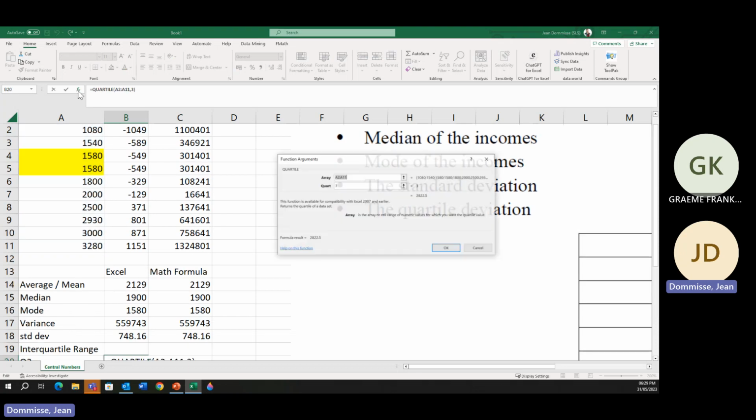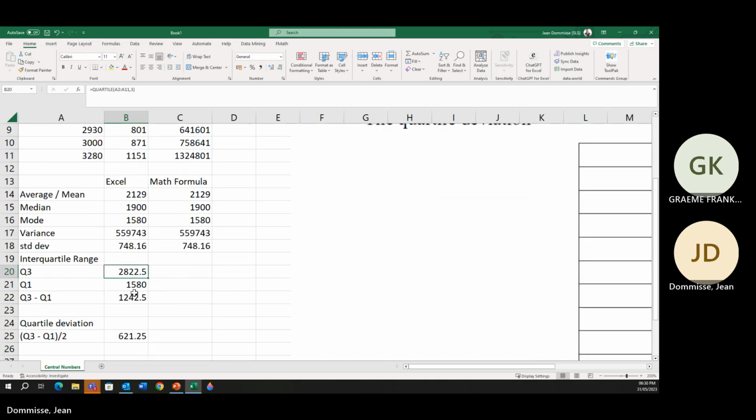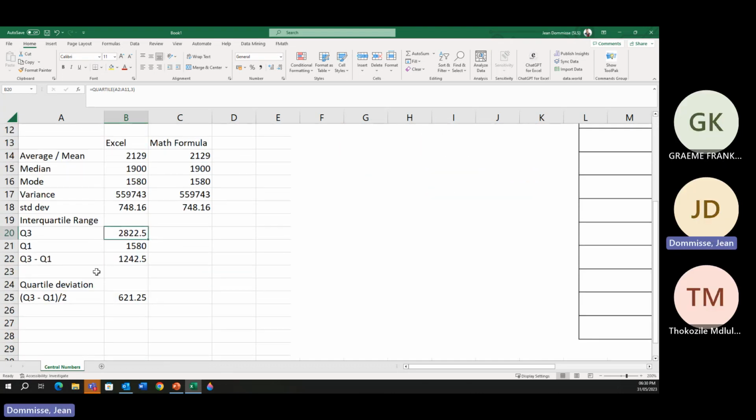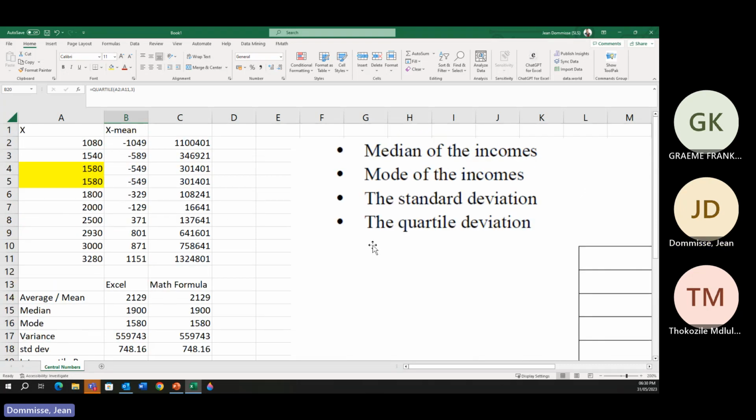That is correct. I think it is. It looks at the array, yes. Okay, so you can use this formula for that question.